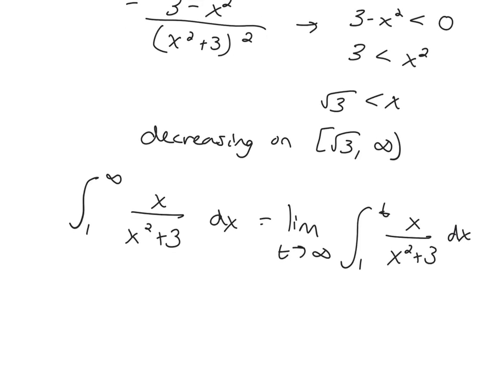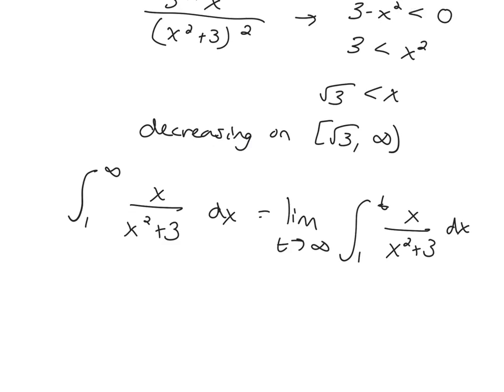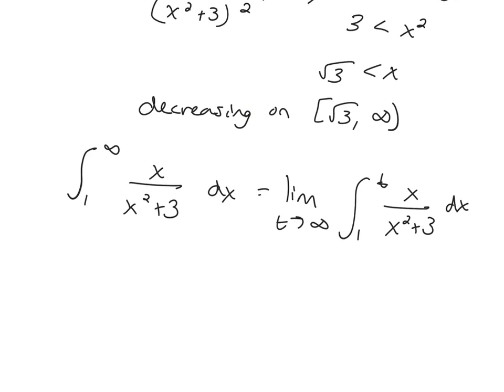Okay. Now you're going to integrate that. What are you going to do to integrate that? Do a u sub. What's my u going to be? X squared plus 3. Okay, great.